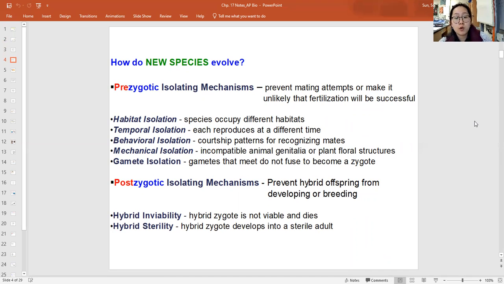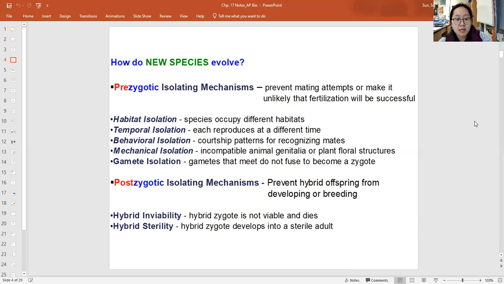Behavioral isolation would be that courtship patterns are different. So mates can only recognize the courtship patterns, for example, bird calls or bird dancing or bee dancing, for their own species. It's different for every species. And so that way we don't really get any interbreeding, because they don't recognize the courtship of another species.